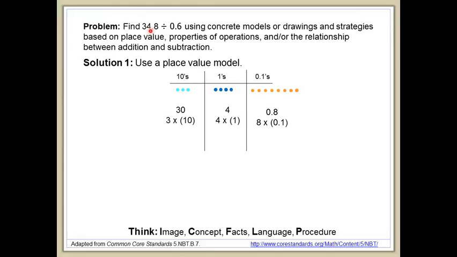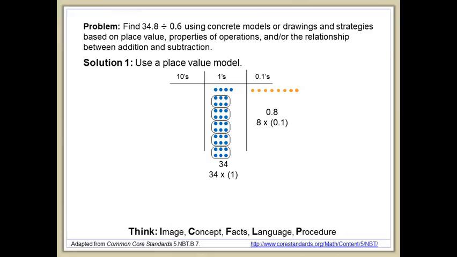So we're going to reconceptualize our number 30 plus 4 plus 0.8 by taking each of the 10s and breaking it into 10 1s. And think of our number as 34 1s plus 8 0.1s instead of 3 in the tens place. Now we can break this into groups of 6 because we have some of them. In fact, we have 5 of them with 4 1s left over.